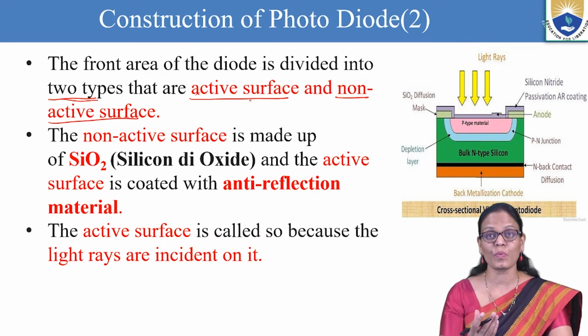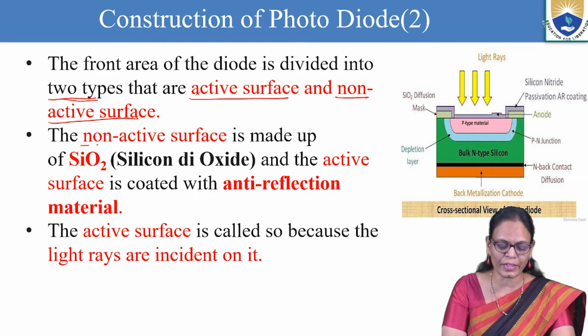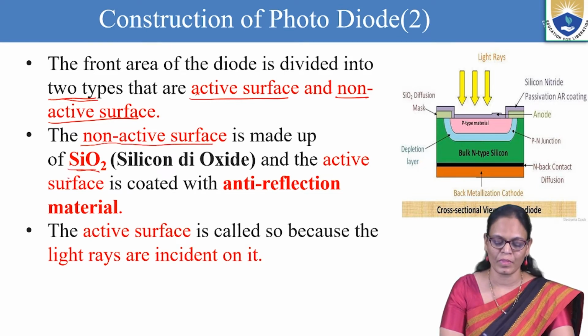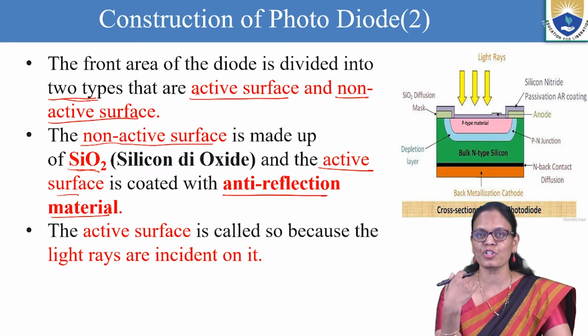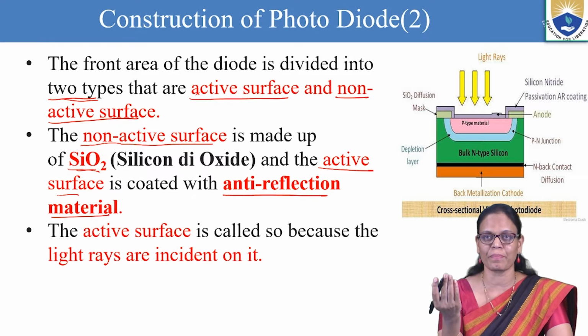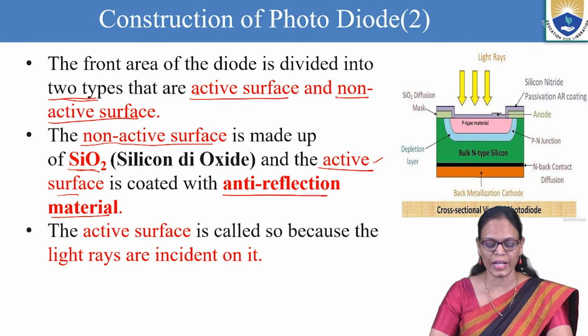Active surface means where light is incident, and non-active means where the light is not allowed to fall. So this non-active surface is made up of silicon dioxide, and the active surface is coated with anti-reflection coating. Means light should be absorbed, it should not be reflected back. So the active surface is always coated with anti-reflection material.